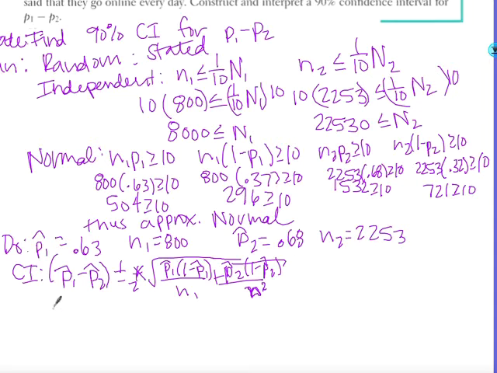So basically, we would end up with 0.63 minus 0.68 plus or minus. Our Z star for this would have to do with a 90% confidence interval, which is going to be 1.64.